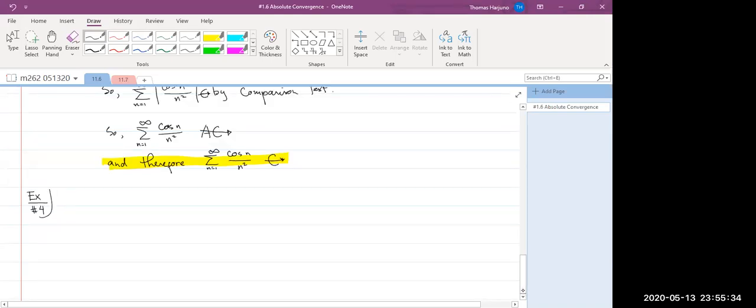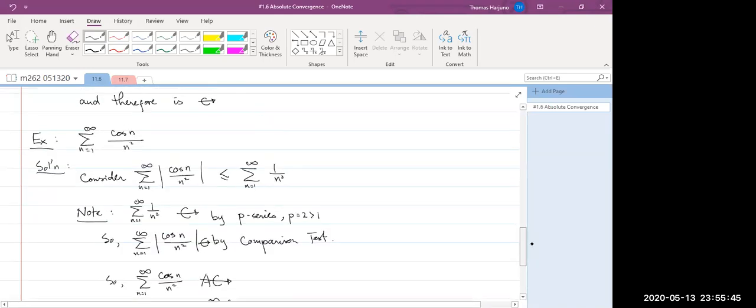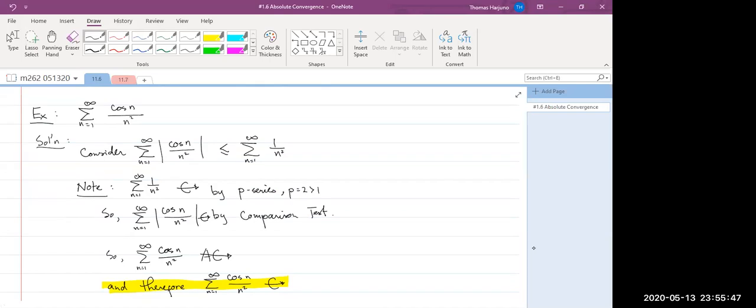Student: Professor, I just have a quick question. When we compared the absolute value of cosine n over n squared to 1 over n squared, do you want us to still prove why we can do that, like that cosine n is always greater than -1 or less than 1?